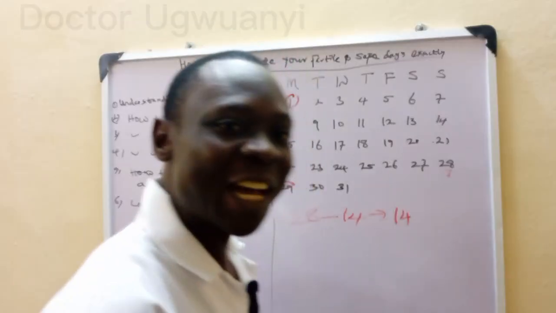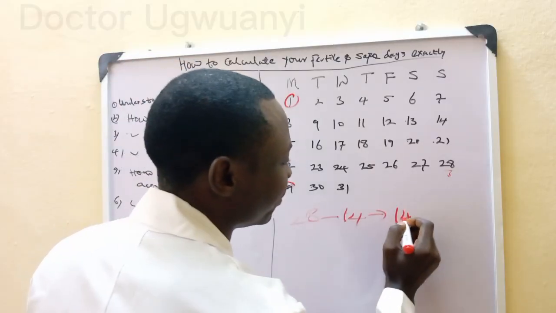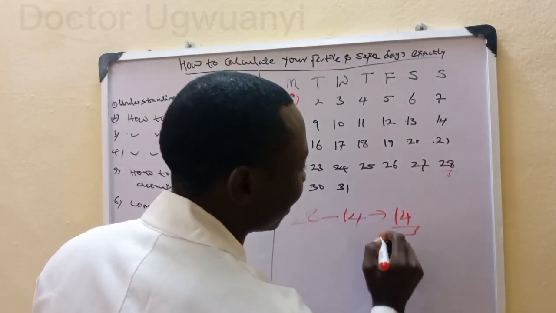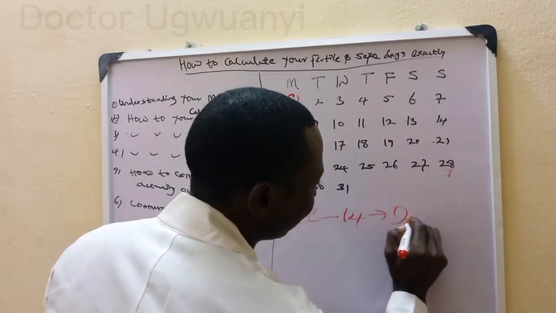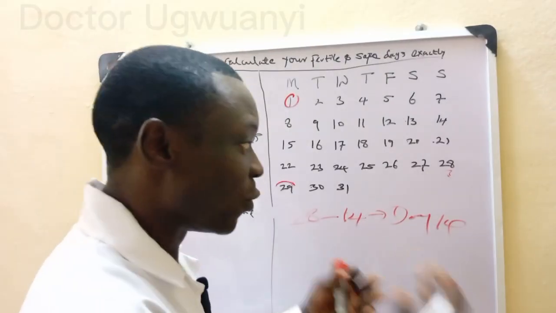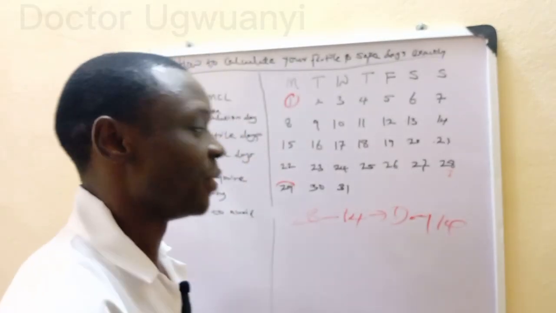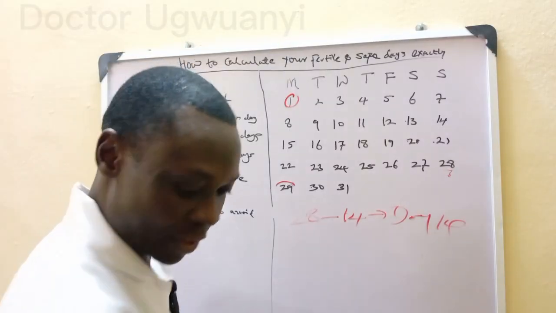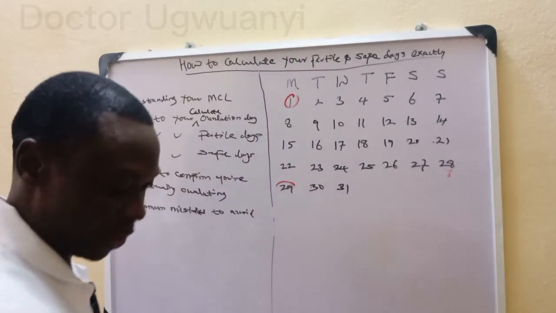Because ovulation happens on a single day, instead of saying 14th day, you just say day 14, because ovulation only lasts for a maximum of 24 hours. So that is how to calculate the ovulation day.